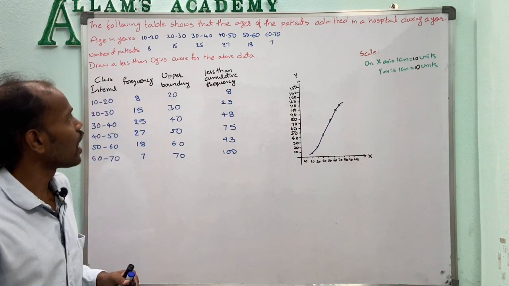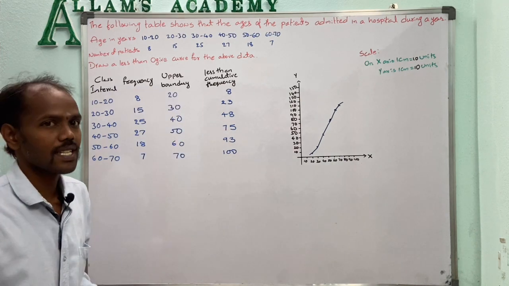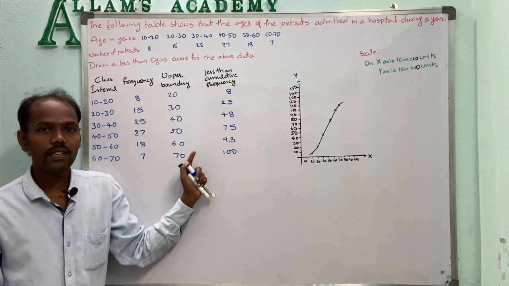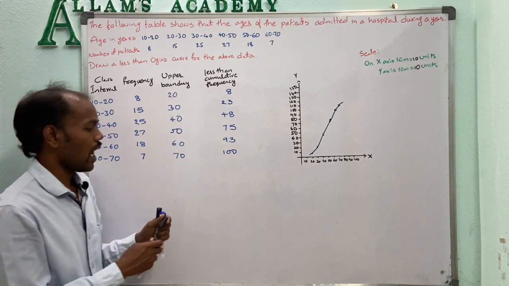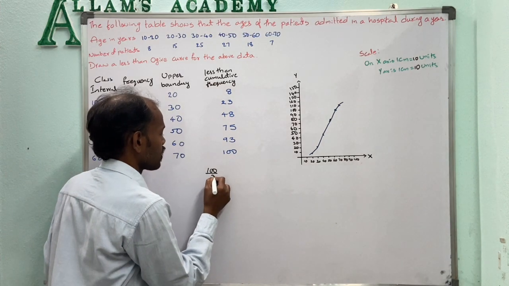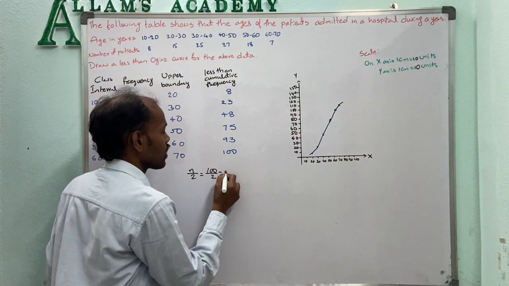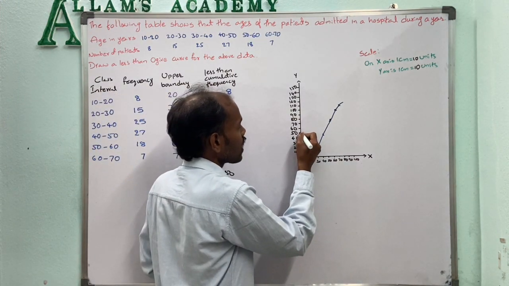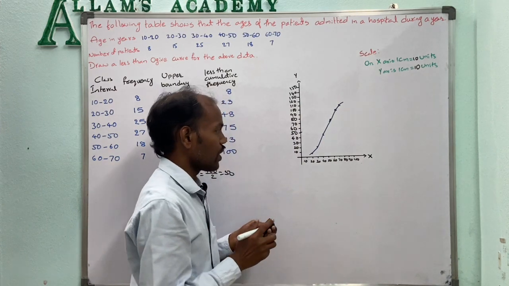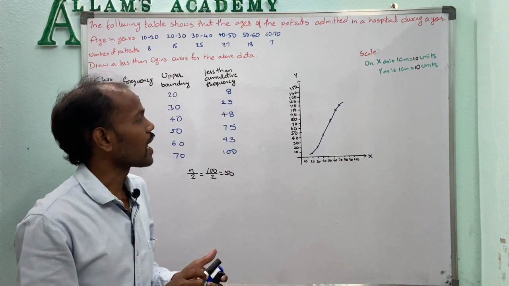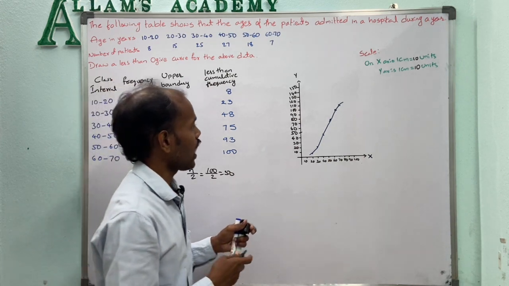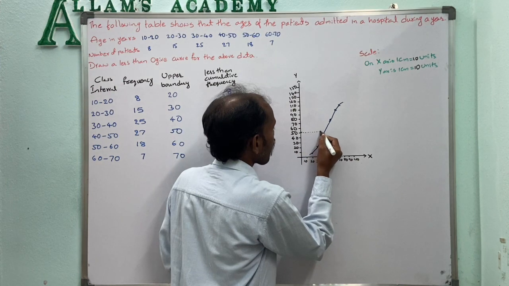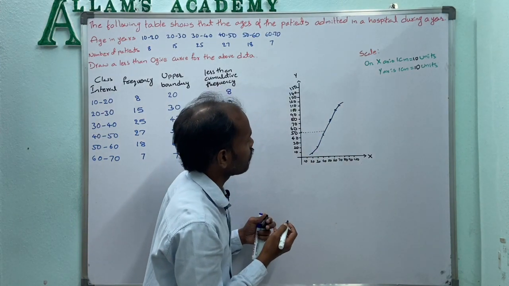So here, if we want to find the median for this data, the n value is 100, so n by 2 is equal to 50. On the y axis, if we locate 50 and draw a line parallel to the x axis, it touches the graph here.